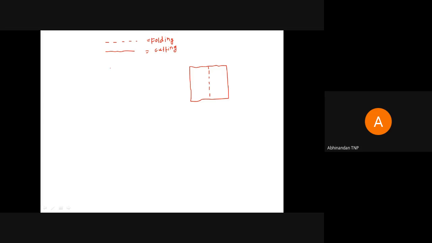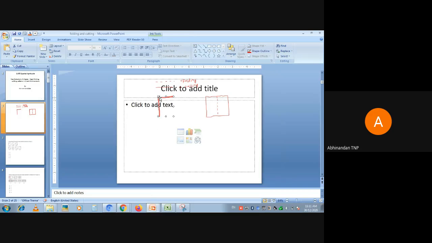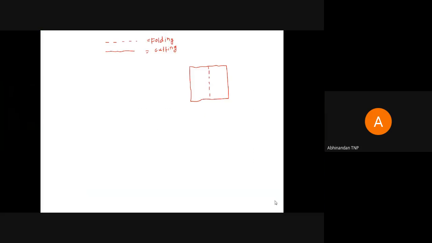When you fold it, what kind of image do you get? After folding, we get an image like this, because I'm folding it from the center.